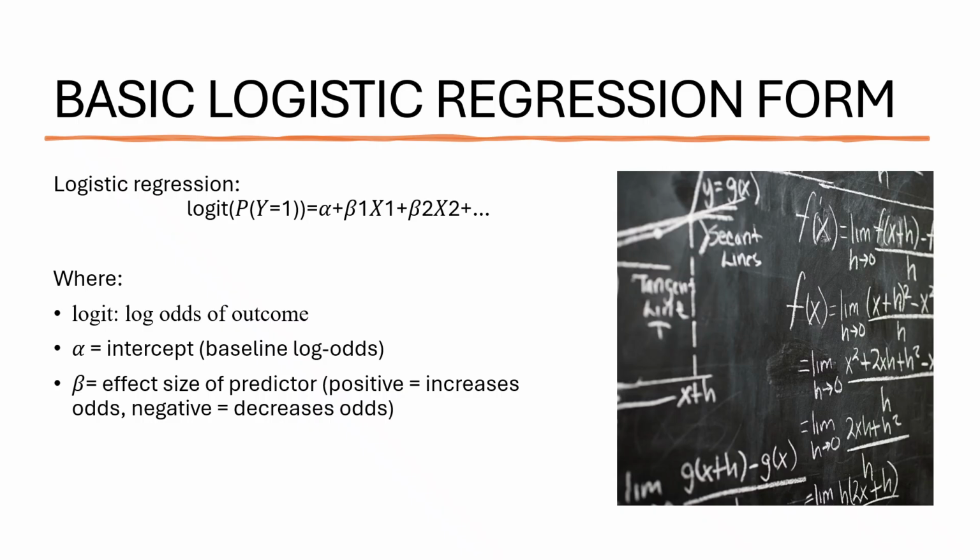Since most of our variables are binary, for example, treatment given or not, or whether there is any adverse outcome or not, let's have a look at the basic regression form. The logit function is the natural log of the odds.